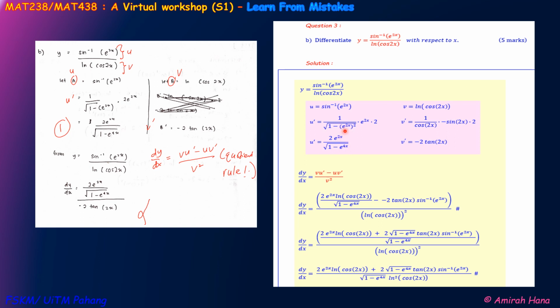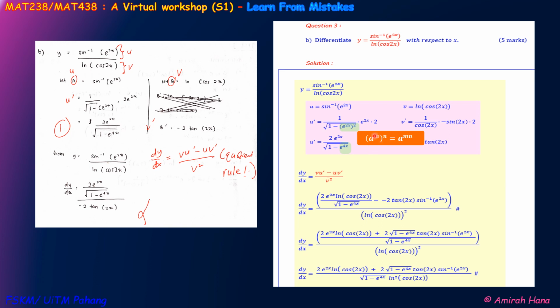Okay, e to the power of 2x bracket square equals to e to the power of 4x. Right? Okay, sebelum tu, macam mana e to the power of 2x and then bracket square ni dapat jawapan e to the power of 4x? Okay, we recall back dalam properties of indices ya. We have a to the power of m and then bracket to the power of n.